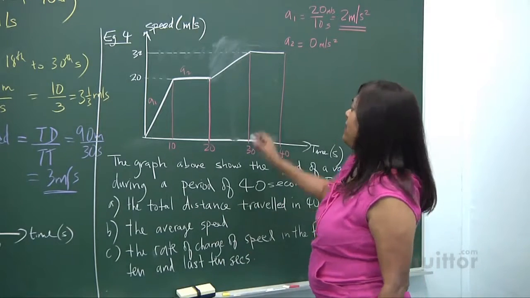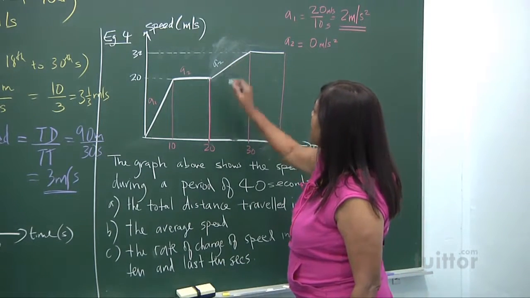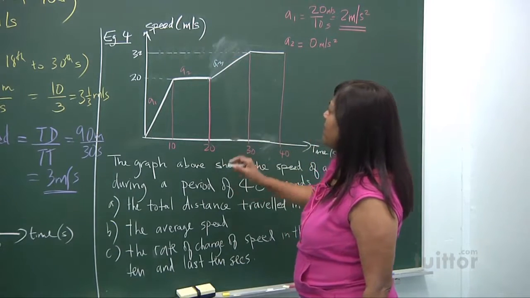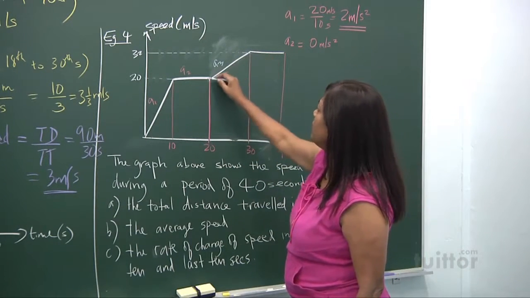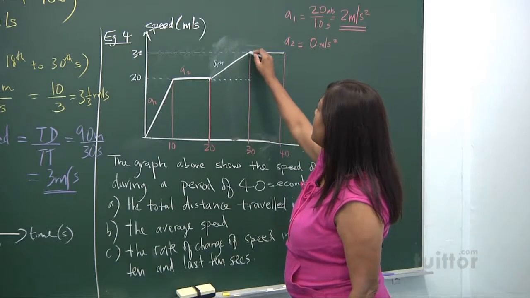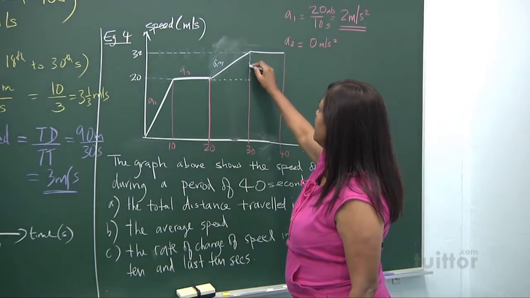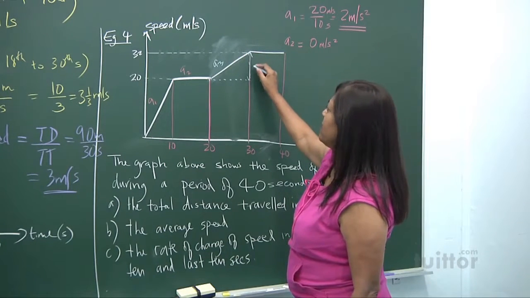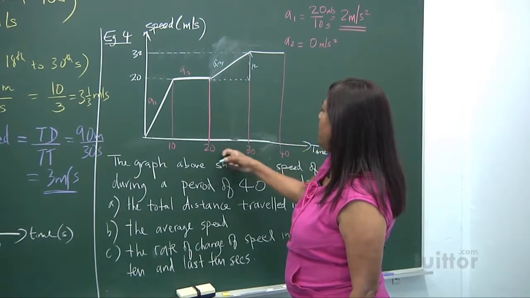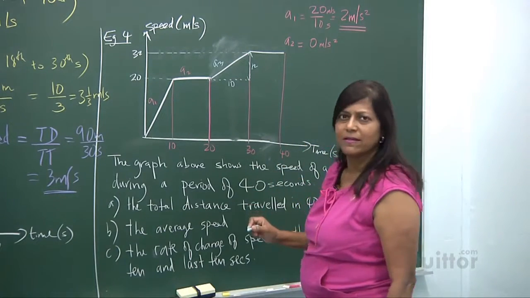Now in A3, let's look at it again. What happened? The speed from 20 became 32. I draw a dotted line and say here, the speed changed from 20 to 32. That's about 12 over a period of 10 seconds.